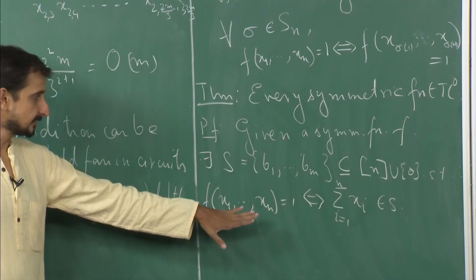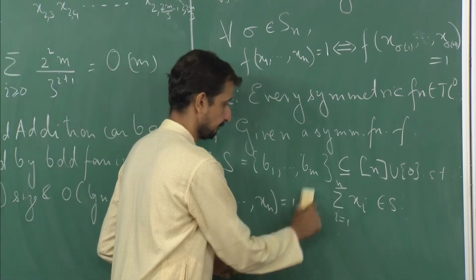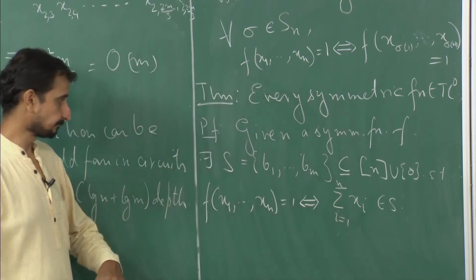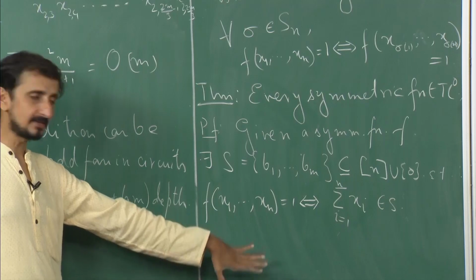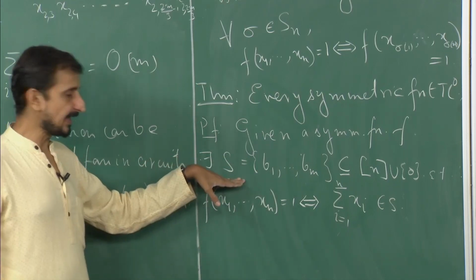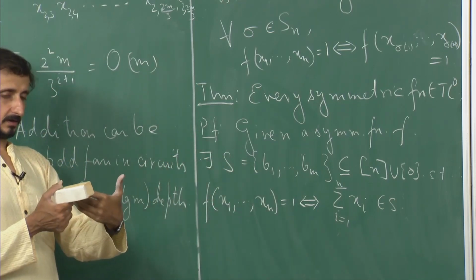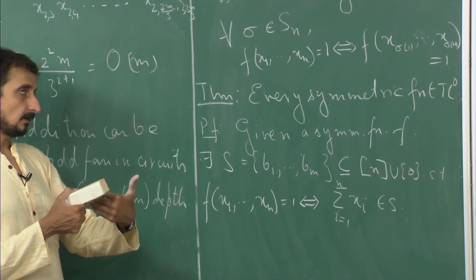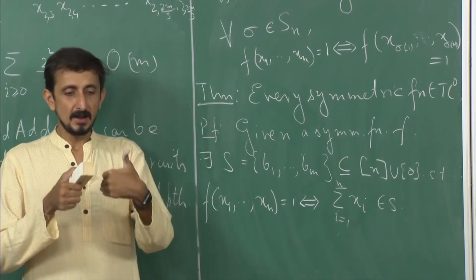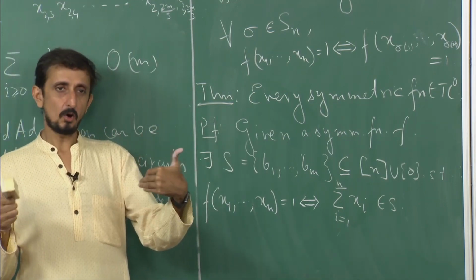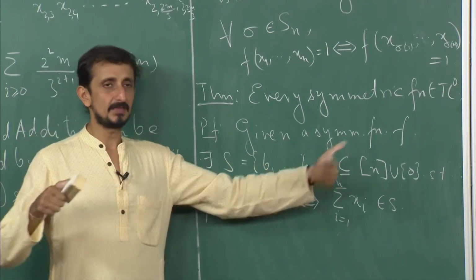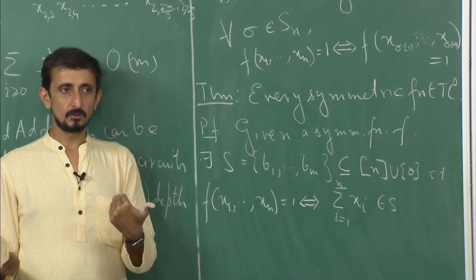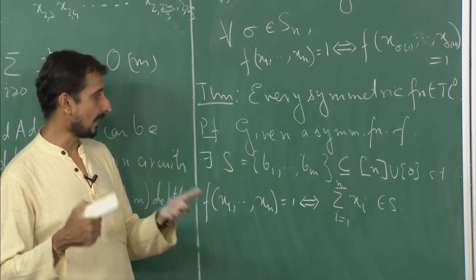Let us try to understand this equivalence. What is this saying? Think of S as being the number of ones on which the function f evaluates to 1. f can evaluate to 1 on many inputs.